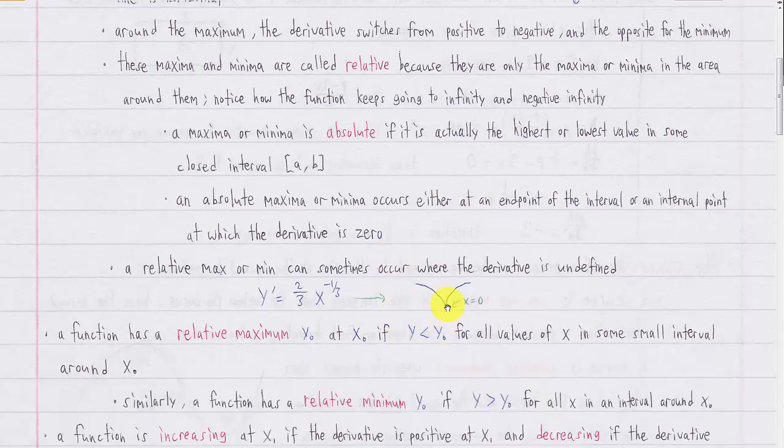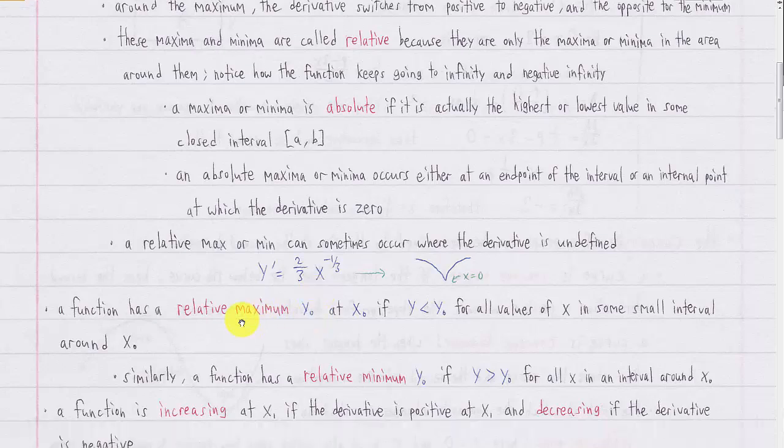We've already established these facts, but we're just going to go over them again. A function has a relative maximum at some y value if, for all values of x around this point, this maximum is higher than any other y value.